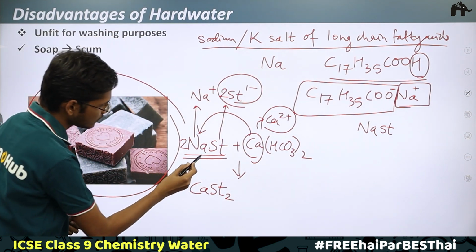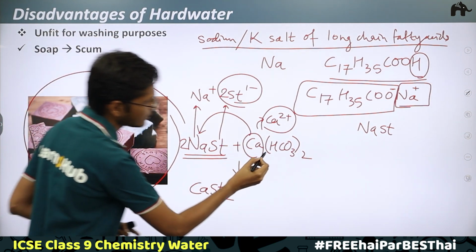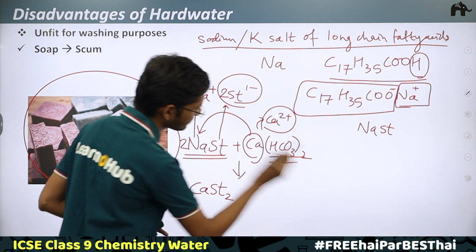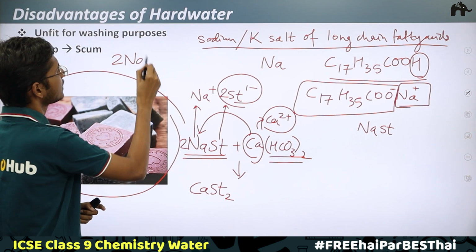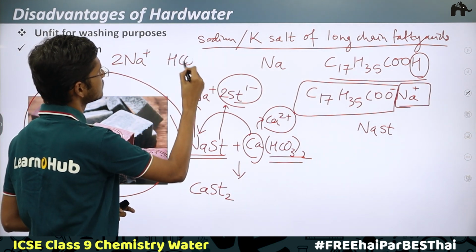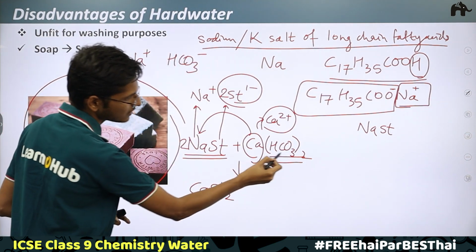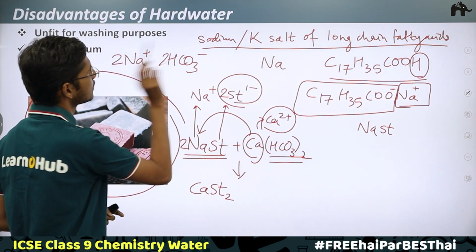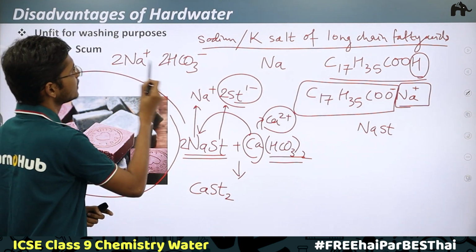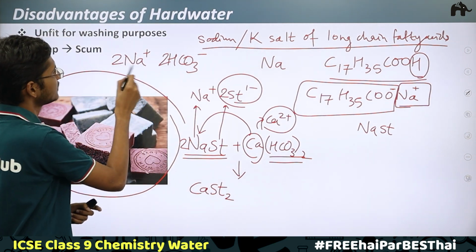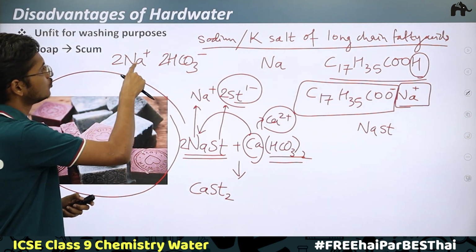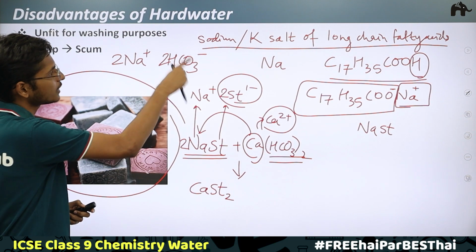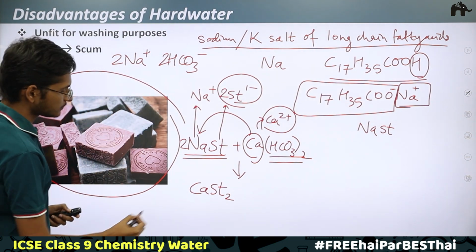Now what is remaining? 2 sodium plus and HCO3 minus. Correct? So 2 Na plus. And how many HCO3 minus would be there? 2 HCO3 minus. Correct? So 2 plus, 2 minus. Means simply here 2 sodium plus and 2 HCO3 minus. Now we know this thing. 1 sodium plus would combine with 1 HCO3 minus, right?